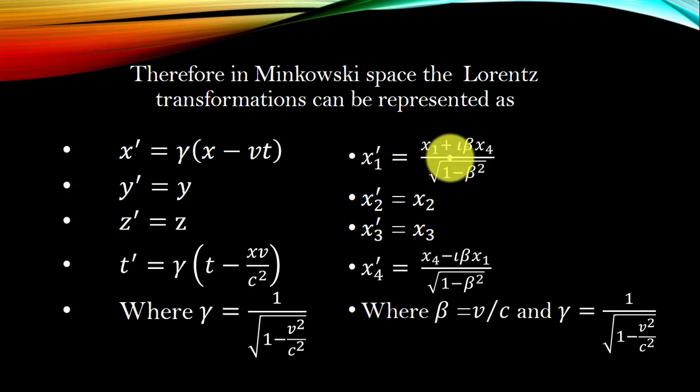Here x1 is the x coordinate of the position of the particle in the stationary frame of reference. Similarly, x4 represents the fourth component, which is the iota ct term in the stationary frame, and x4 prime will represent the component of the fourth vector, which is the iota ct term in the moving frame, basically replacing the time component.